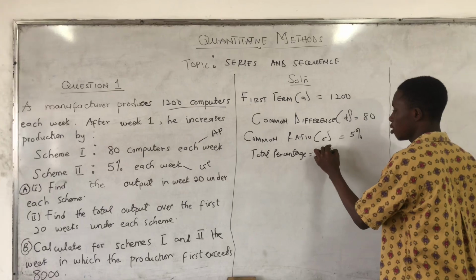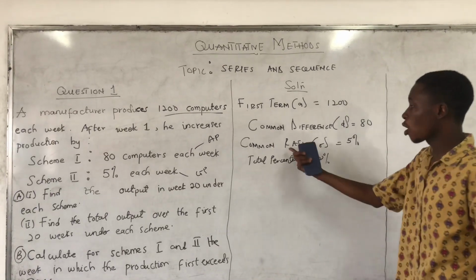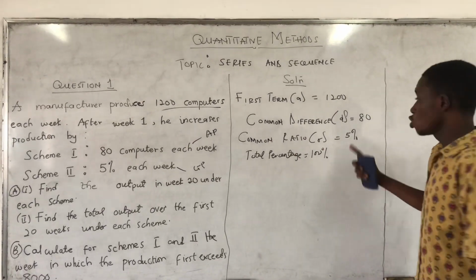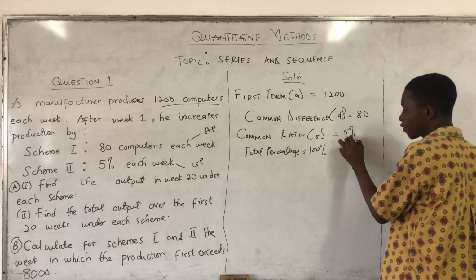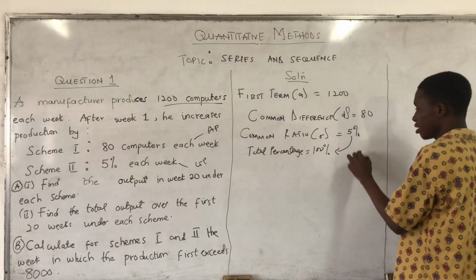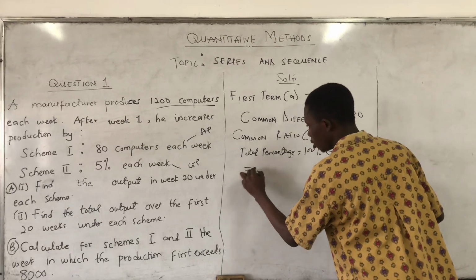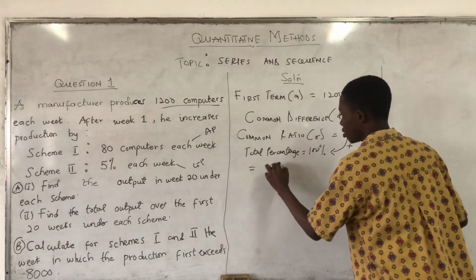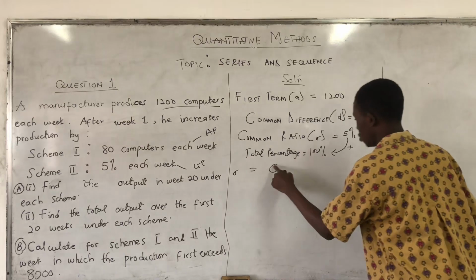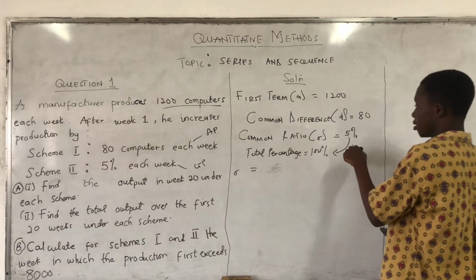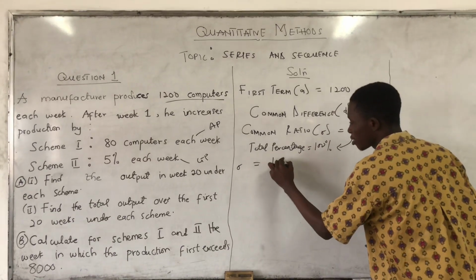So the total percentage is 100%, and we're given a common ratio of 5%. What we do is add this 5% to the 100%. We get 100 plus 5, which gives us 105.